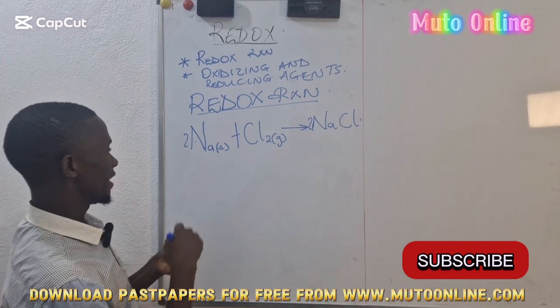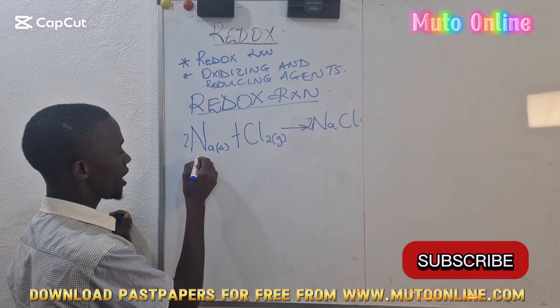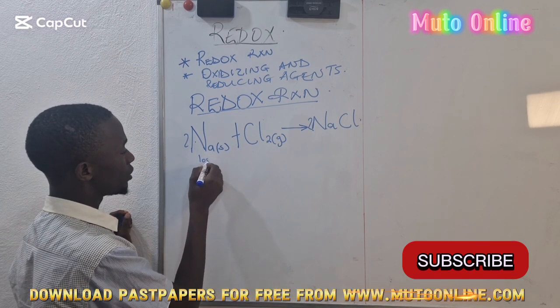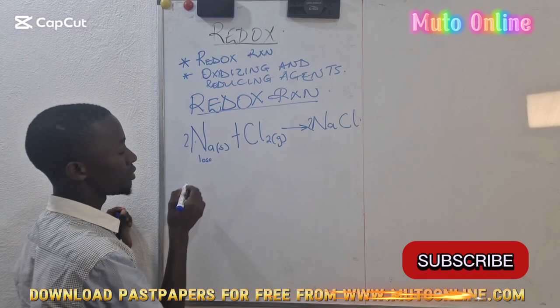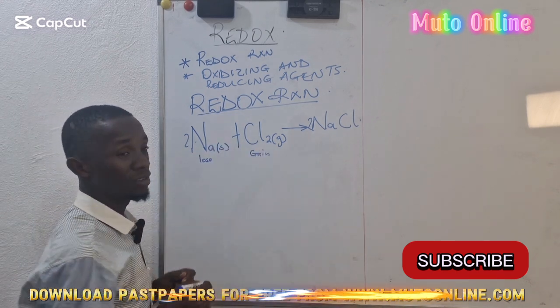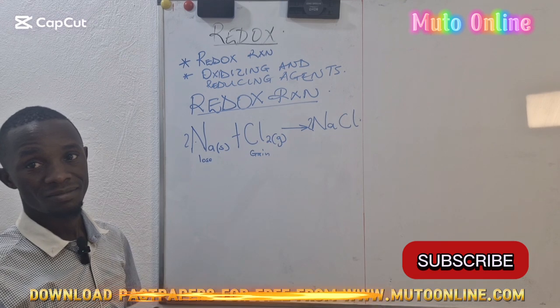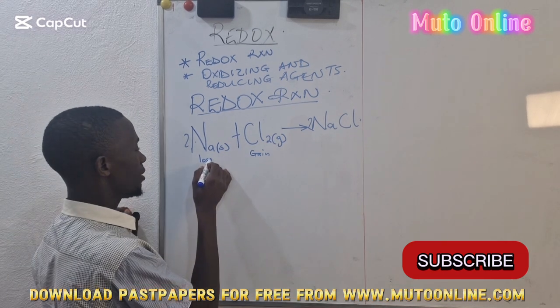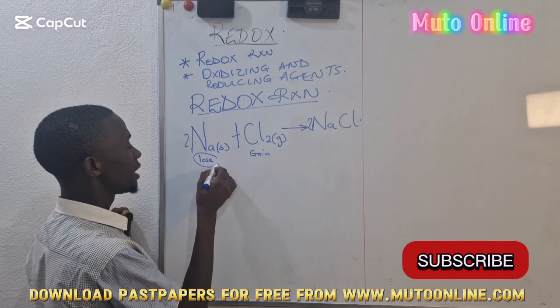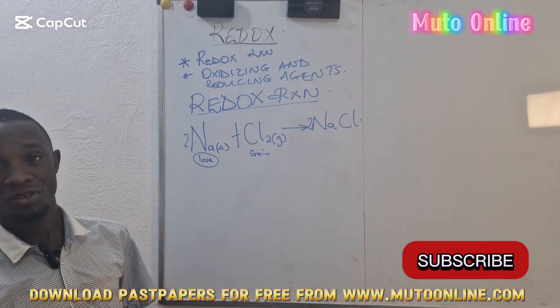In this reaction, we are going to find that the sodium is losing electrons as the electrons are gained by this chlorine. And since the sodium is losing the electrons, remember the definition of oxidation as the loss of electrons.